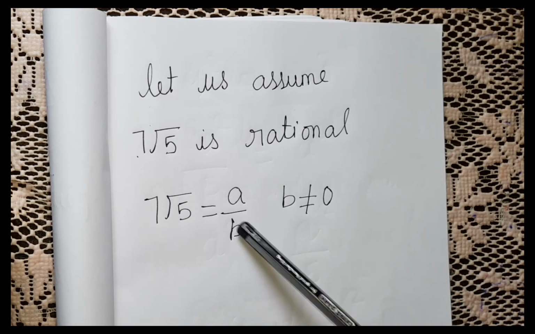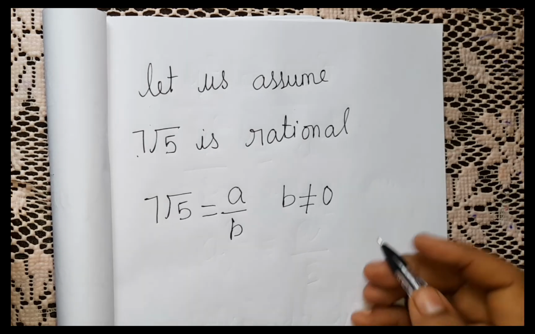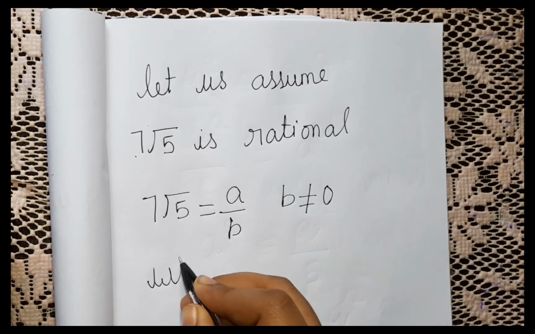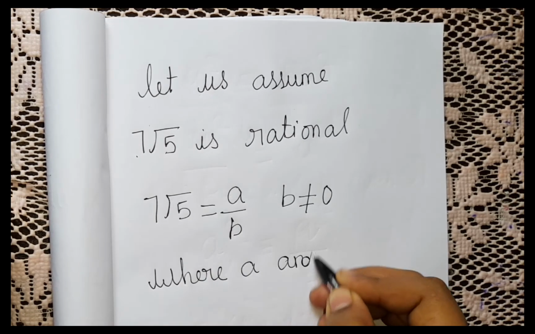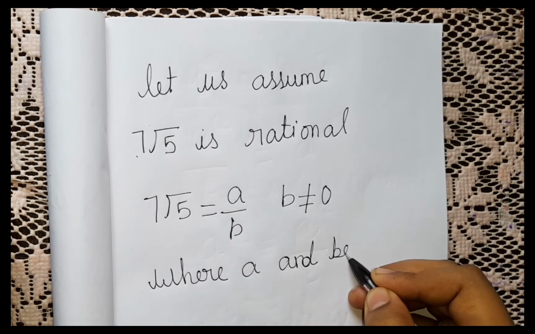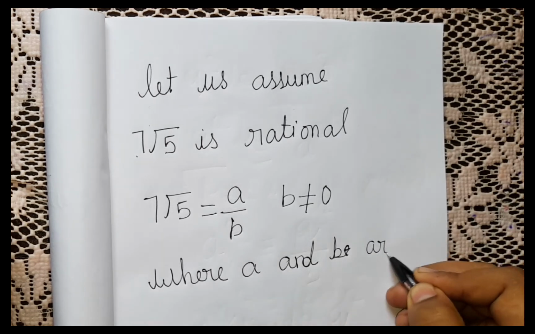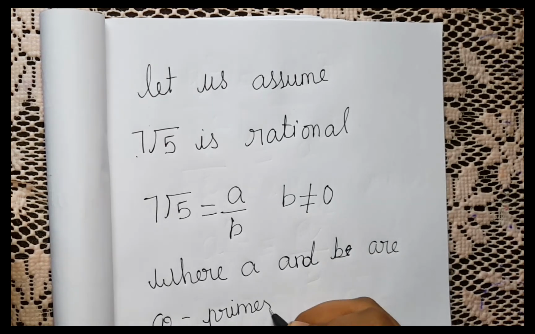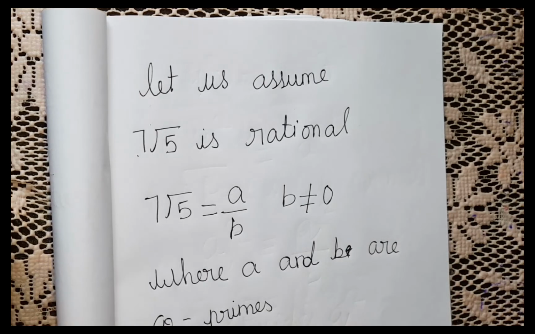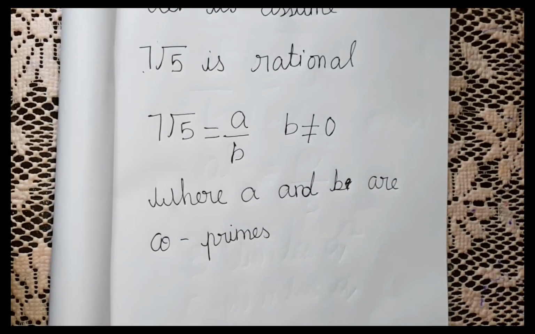But here we are taking a by b, so that you should not get confused. Where a and b are co-primes.